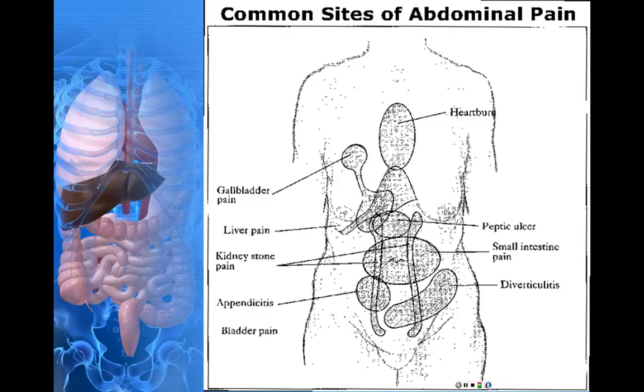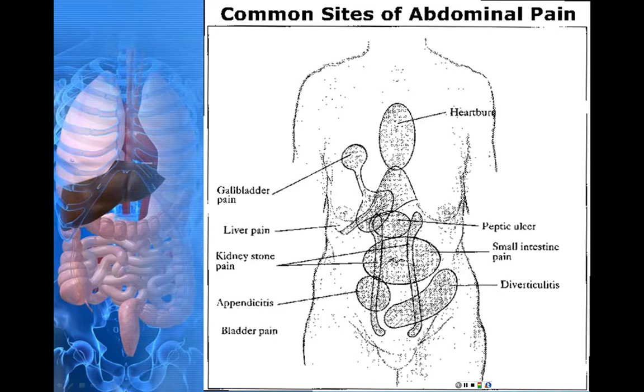Here are some common sites of abdominal pain where you would typically see these different kinds of pain. As you can see, more up in the epigastric area, and above that is heartburn. Gallbladder is more in the right upper quadrant. Liver is typically just along the rib border.